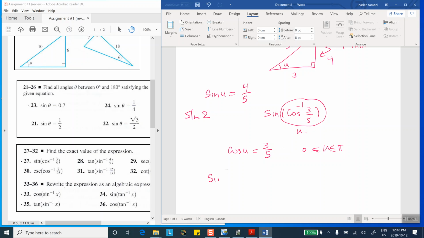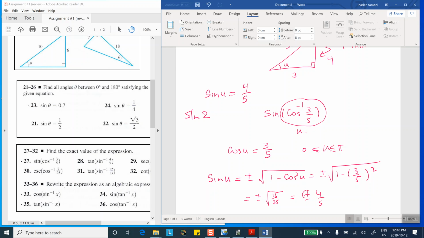Then we want sine of u. It's plus or minus square root of 1 minus cos squared u, which means plus or minus square root of 1 minus (3 over 5) squared, which means plus or minus square root of 16 over 25, which means plus or minus 4 over 5.